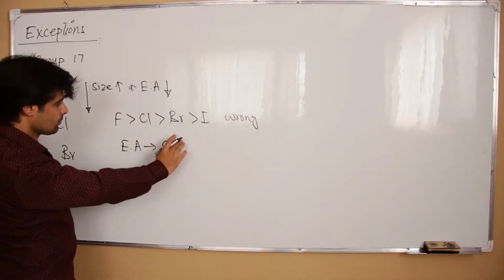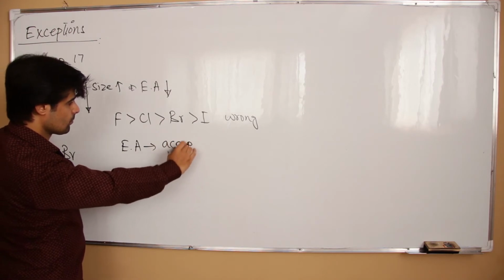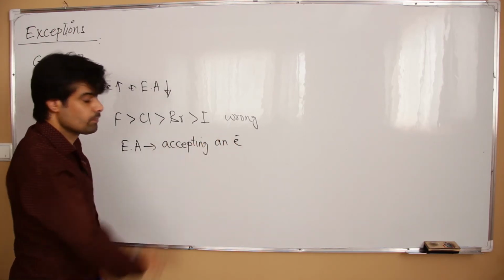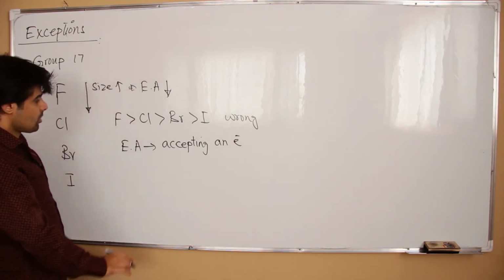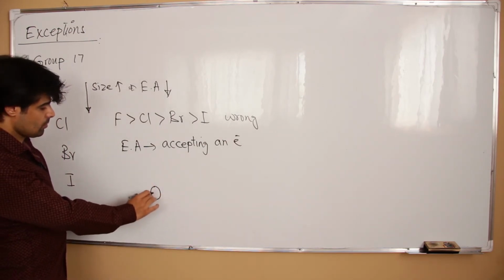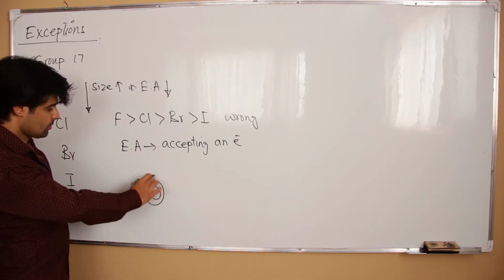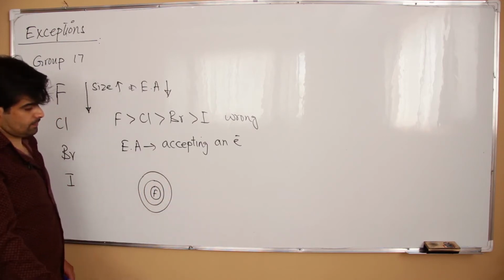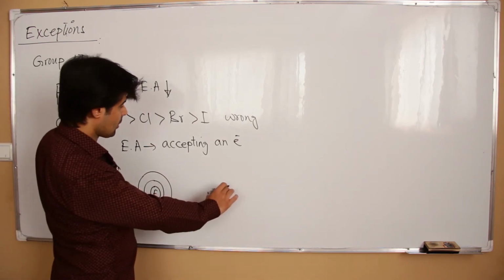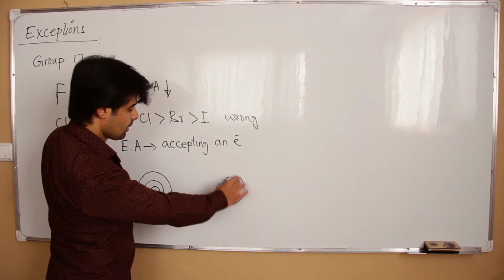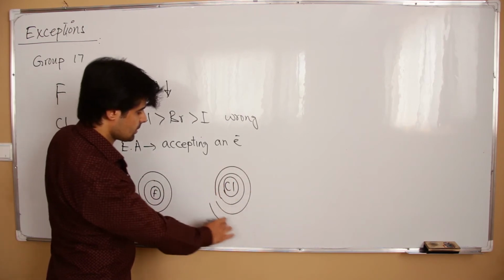Accepting an electron. So, if we talk about fluorine, this is the fluorine nucleus, and it has 2 shells. Now, if we talk about chlorine, chlorine is in the third period. It has 3 shells.